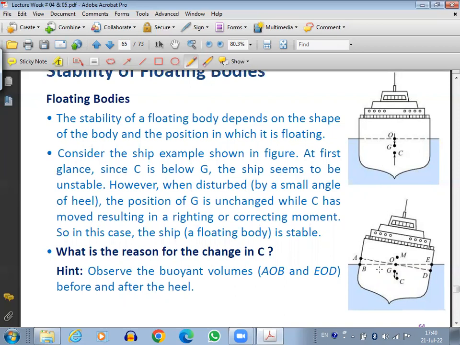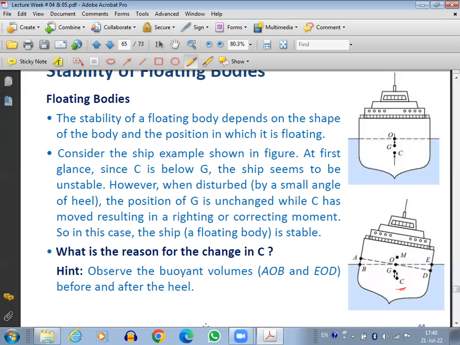Now, if you tilt the ship a little, what will happen? The position of C will change. The position of C was not changing for the completely immersed object. Even if you tilt it, the position of C would remain the same because the whole object was immersed, so the center of buoyancy was the same as the centroid.